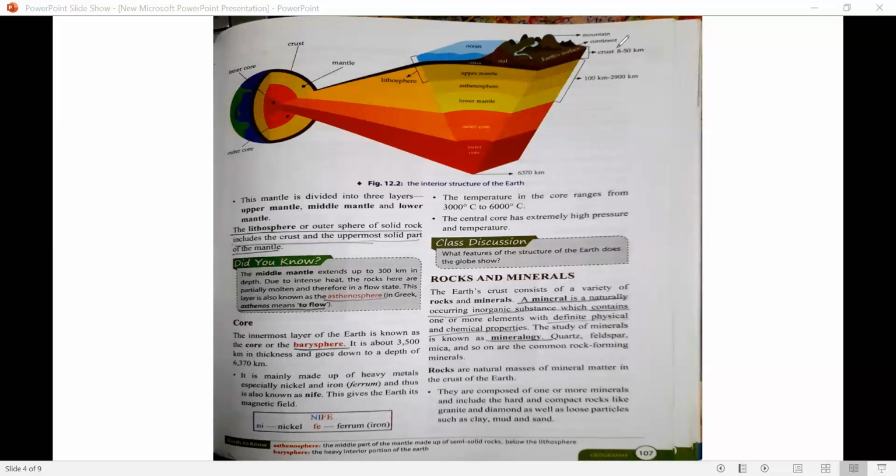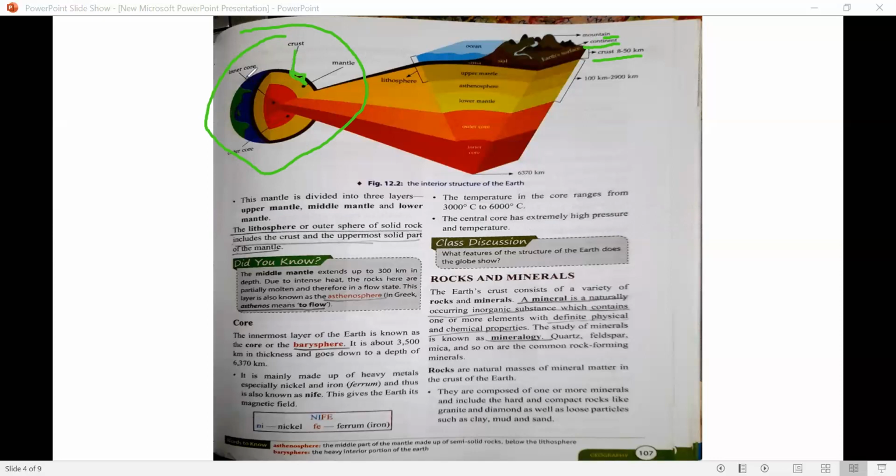Now let us study this beautiful diagram. It contains mountains, and over here we can see the continent and crust. Let's learn first from here. This very thin layer is the crust.